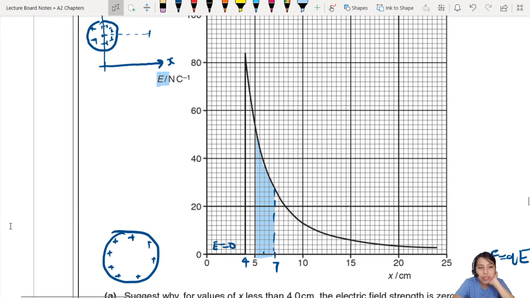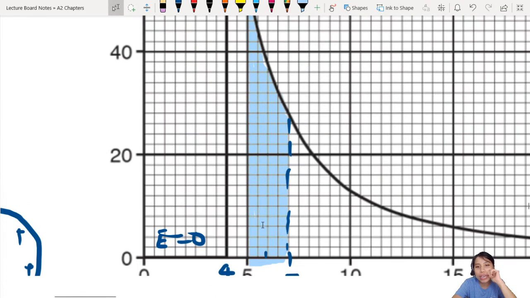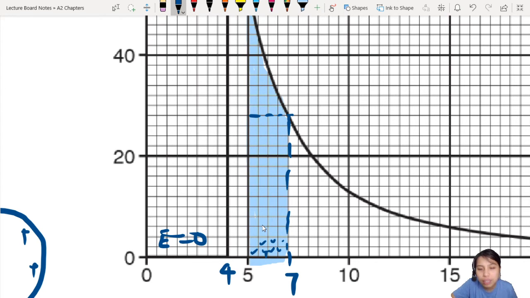How to find it? Count the boxes. If they give you a graph paper, probably you have to count the boxes. So you make your eyes zoom in a bit and count the boxes. Here is kind of a rectangle, maybe a little bit more. But I just count 1, 2, 3, 4, 5, 6. I roughly estimated a value of 0.76.